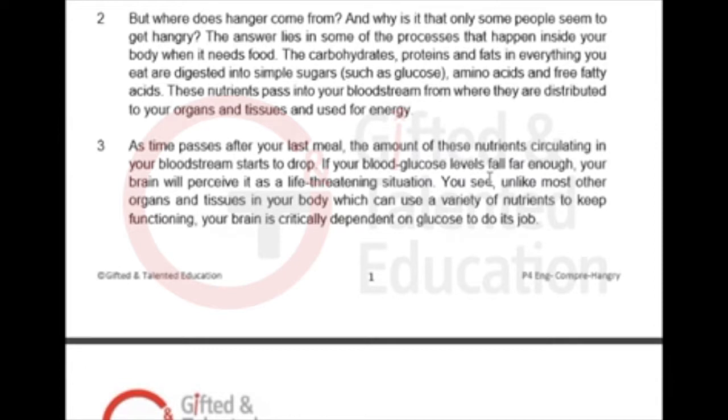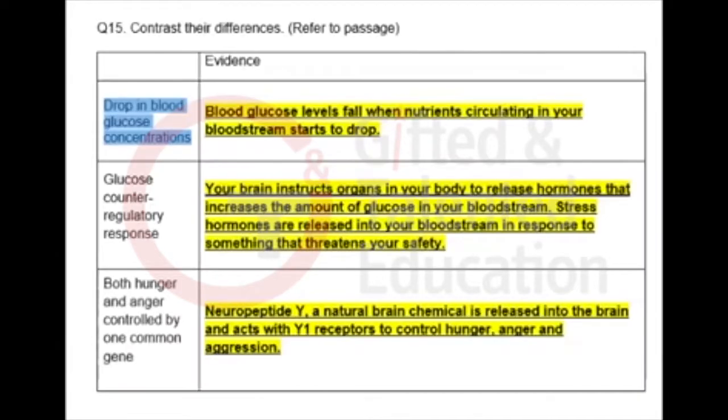Here you go. When the nutrients circulating in your bloodstream start to drop, your blood glucose level tends to fall as well, because one of these nutrients is simple sugar glucose. So the evidence presented here: blood glucose level falls when nutrients circulating in your bloodstream start to drop. One of these nutrients refers to your blood glucose level.